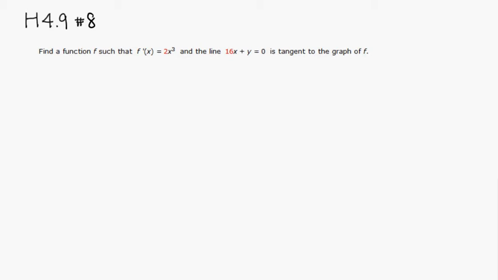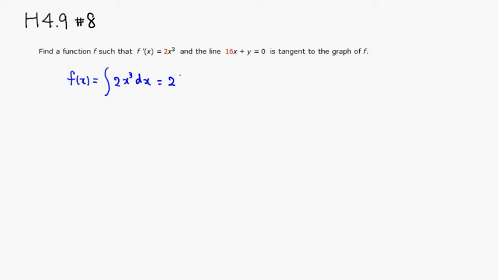So we know that f of x can be found by taking the antiderivative of 2x cubed dx. Since 2 is just a constant, we can leave it alone.